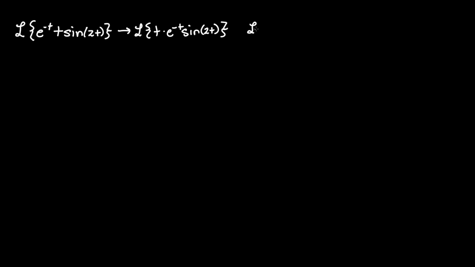So from our table, Laplace of e to the at times any function f of t, for us it's simply sine of 2t, will yield you capital F, the transform in the s domain, of s minus a, where a is any given constant. For us, a equals -1 since our coefficient of t is -1.